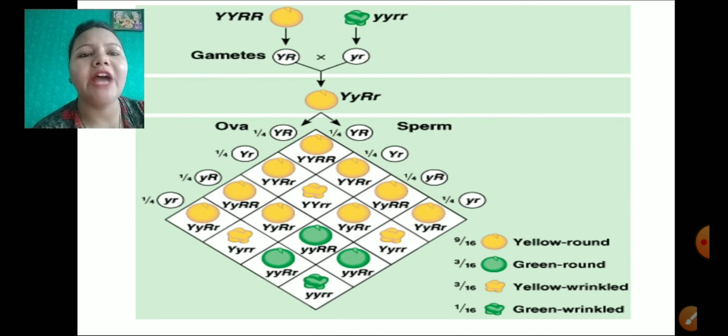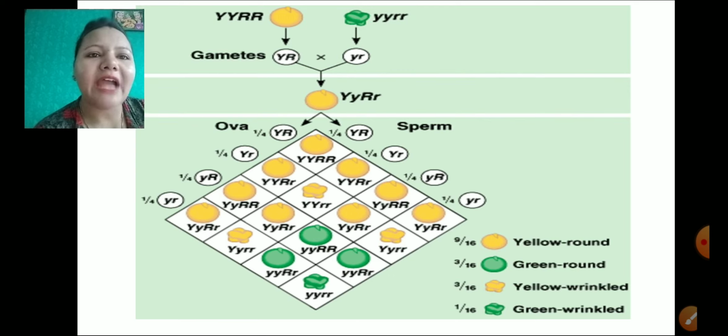Now here we have the dihybrid cross. In this cross we have one pea plant with yellow round seeds crossed with another pea plant with wrinkled green seeds.